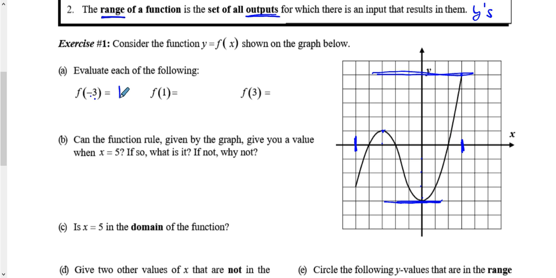Amy, what is the output for f of 1? -3. Input 1, output -3. All right, Keegan, what is the output for f of 3?